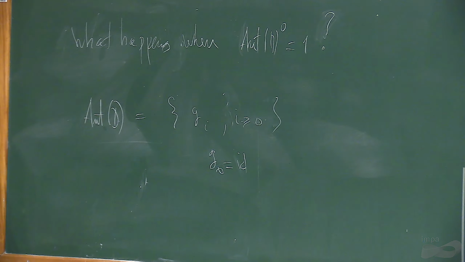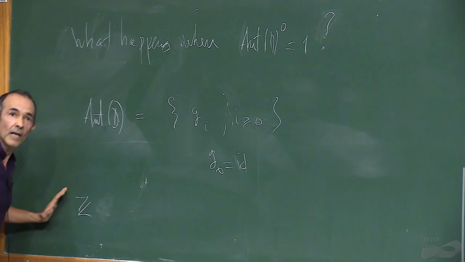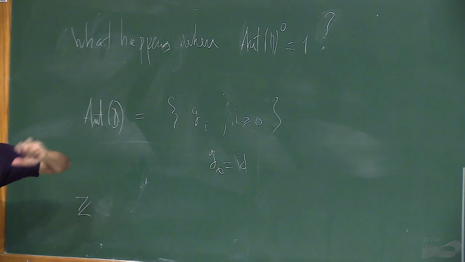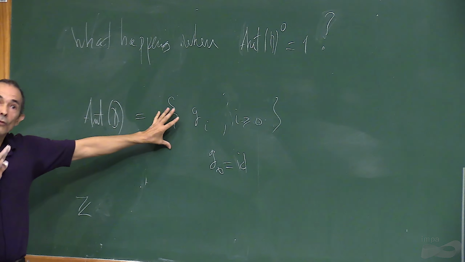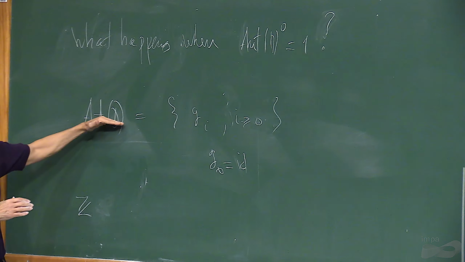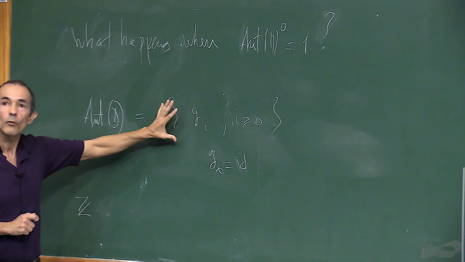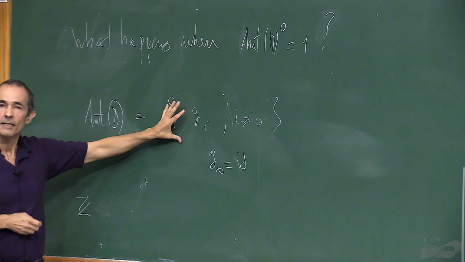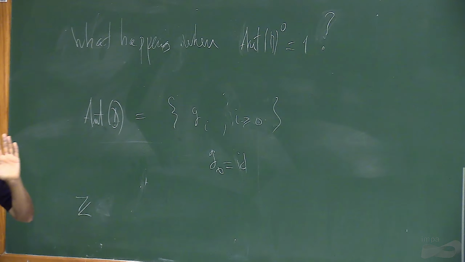For example, a trivial ind-variety is the integer numbers, because you may put a limit of closed subvarieties, which is trivial. Right? But here it's not completely clear if it is of this form or another form, because maybe one knows that this is countable by definition.